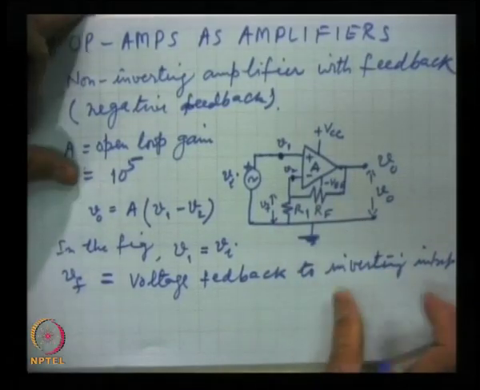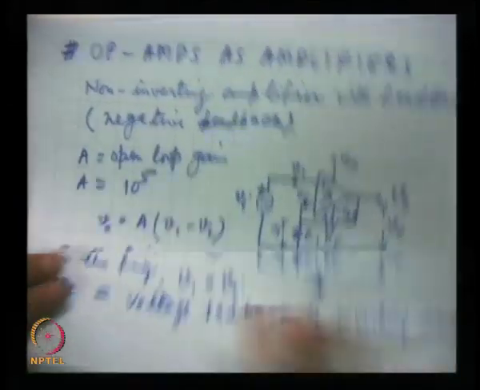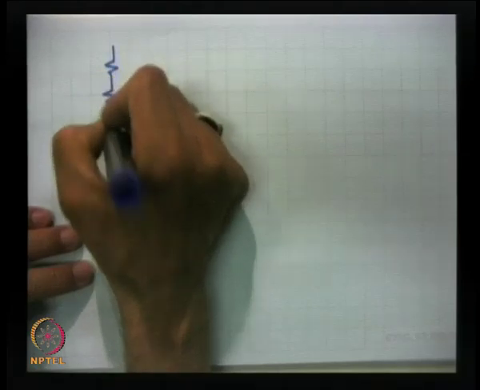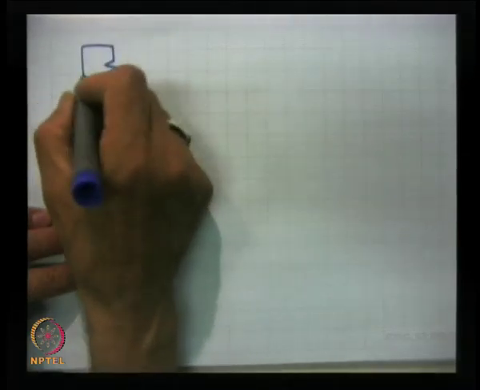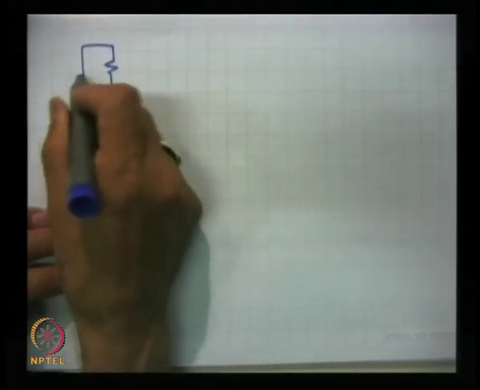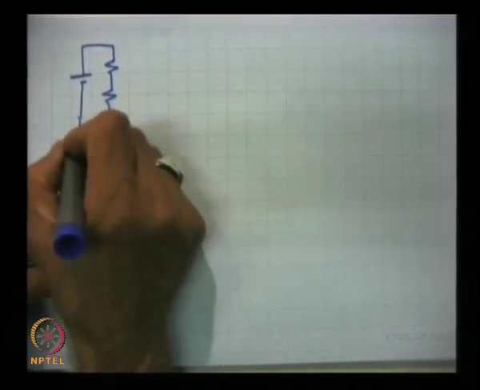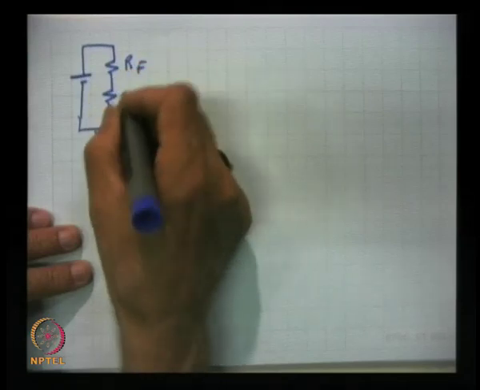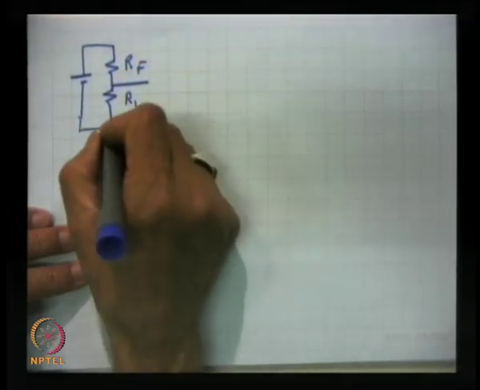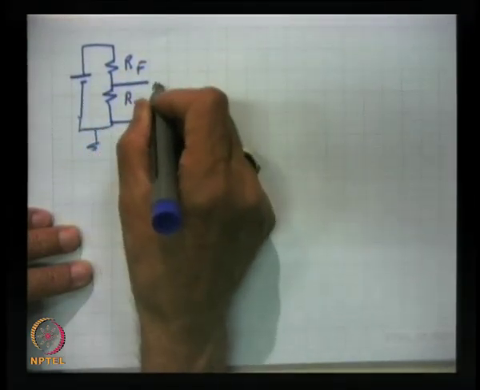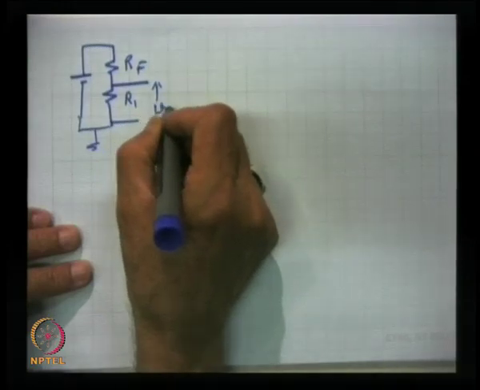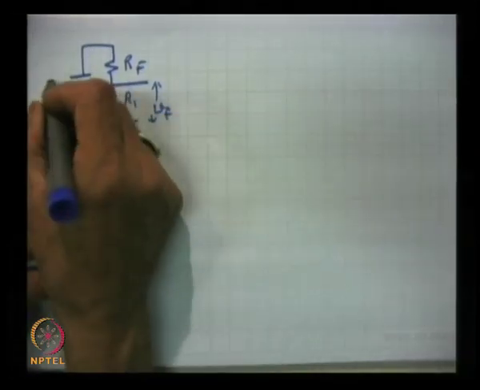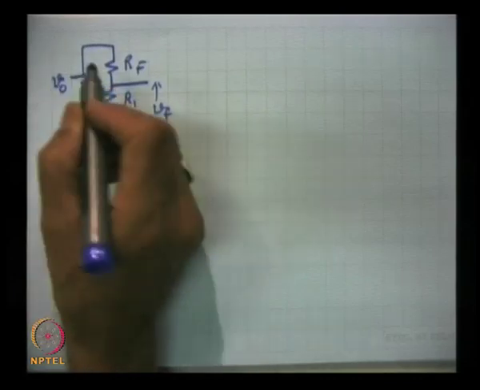This is a voltage divider circuit, which I can draw like this: RF, R1, and whatever is the voltage drop across R1, this is Vf, the feedback voltage, and this is V0.